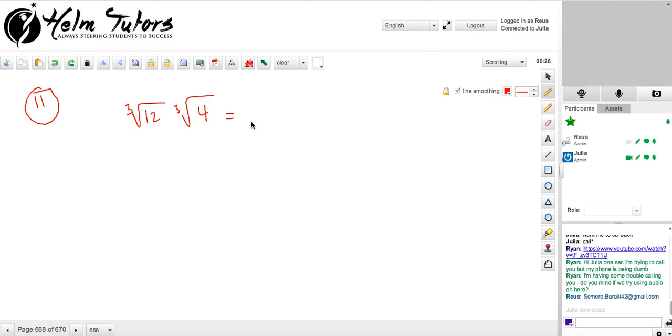Well, okay, so yeah, you could break it up if you so chose, but neither 3 nor 4 is a perfect cube. So the perfect cubes we know are 1, 8, and so on, right? After 8, what's the next perfect cube? Exactly. So right now, neither of the numbers inside the root are perfect cubes, neither 12 nor 4.